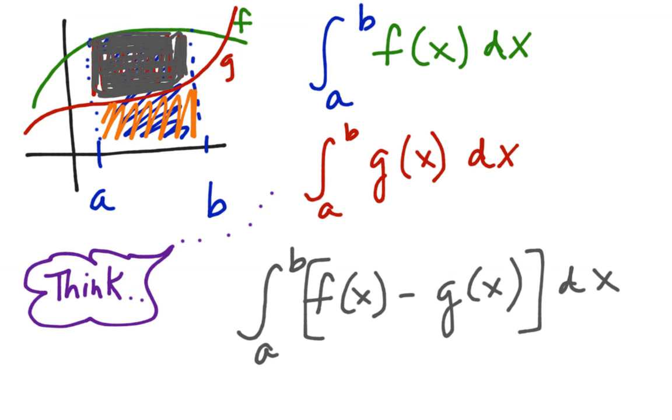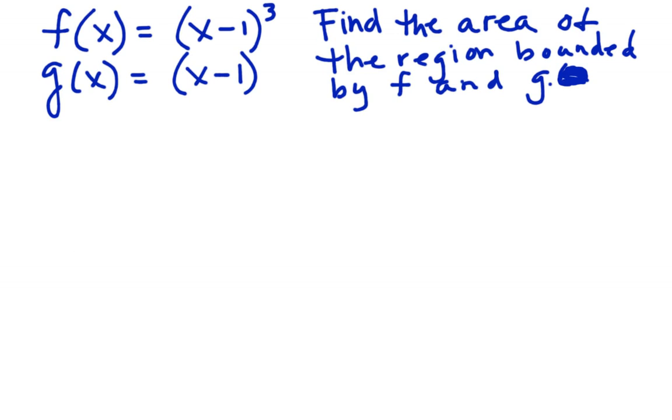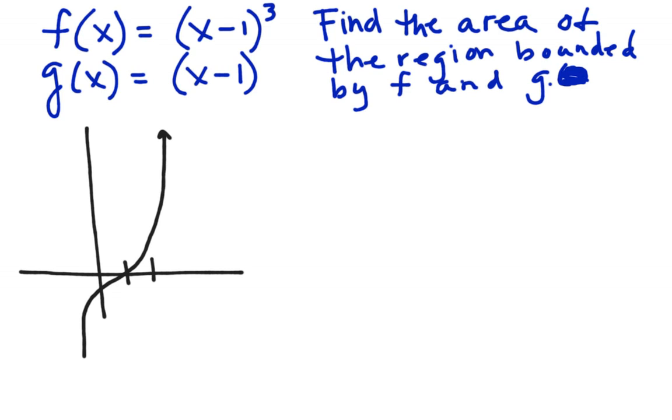Alright, so let's see this in action. Here's a problem. Find the area of the region bounded by F and G. And what's given are the two functions. So you know I'm a visual, so let's draw what these might look like. So f of x looks like it's a cubic and it's shifted 1 unit to the right. So I am just going to do a rough sketch here. So that's f.